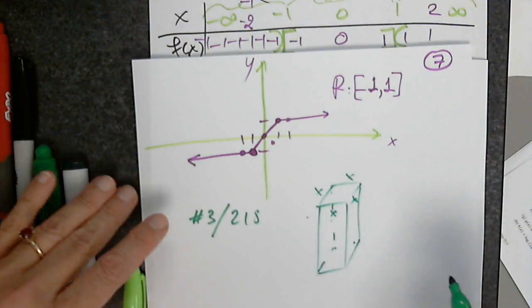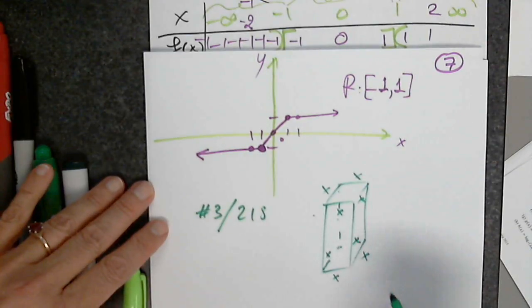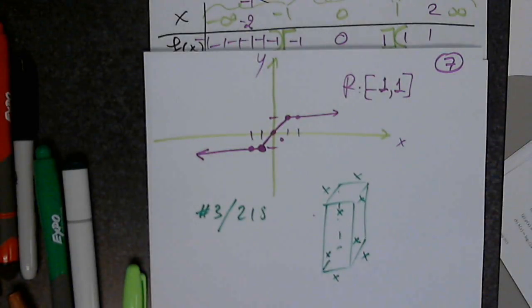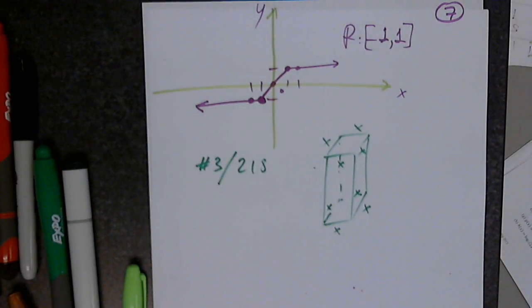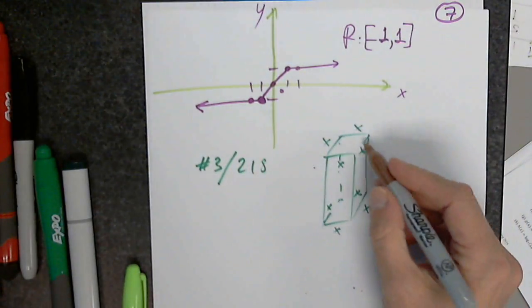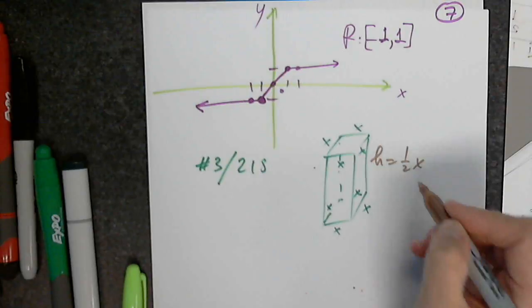I'm going to call it X everywhere because the base is a square. So now it says its height is half the width of the base. So then the height equals 1/2 x.